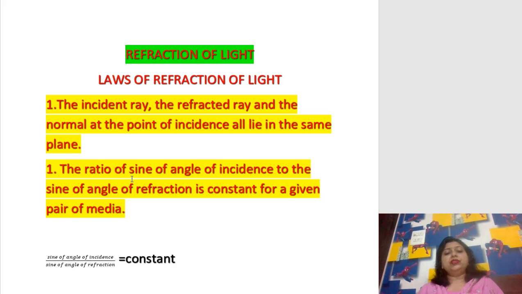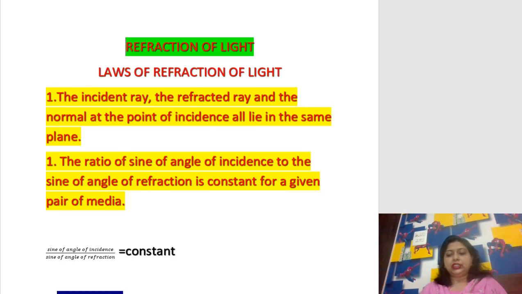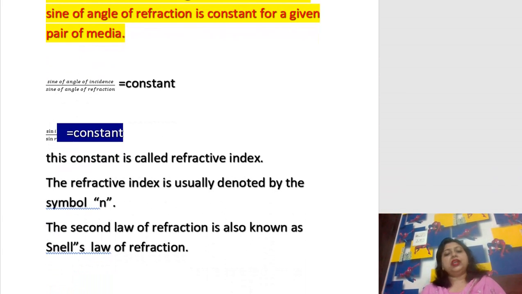The ratio of sine of angle of incidence to the sine of angle of refraction is constant for a given pair of media. Suppose for the angle of incidence we are taking I, and for the angle of refraction we are taking R. So sine of angle of incidence by sine of angle of refraction will be equal to a constant, and this constant is known as the refractive index.